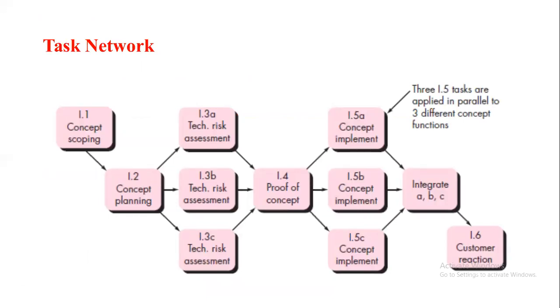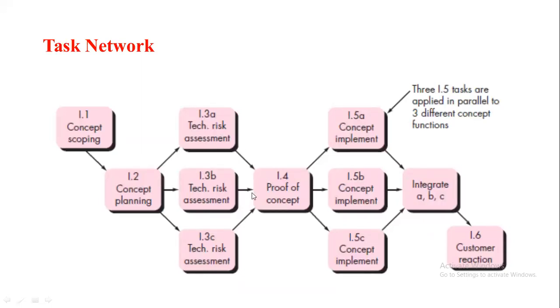I have taken a concept development project with 6 activities, starting from project scope, then plan, followed by risk assessment. From the diagram, you can see it starts with 1.1, then the next activity is 1.2, then 1.3, there are 3 risk assessments done in parallel. This is concurrent.